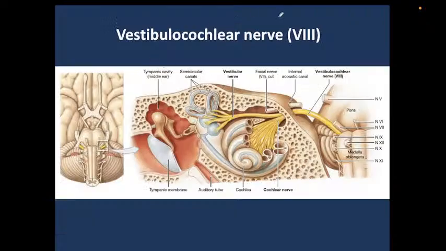And this is another figure, showing the two parts of the vestibulocochlear nerve. This one is the vestibular nerve.